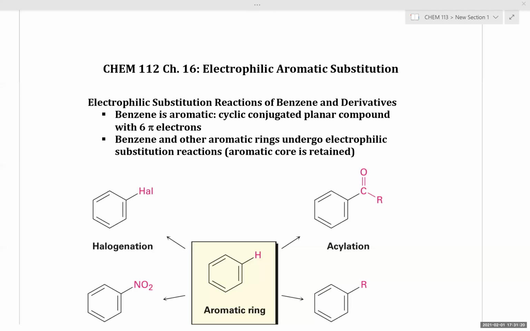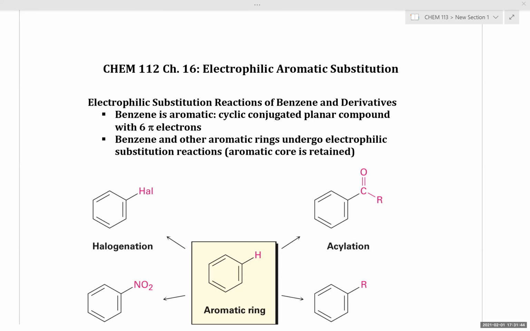Chapter 16. Okay, so we talked a lot about aromatic systems and understanding properties associated with aromaticity. In this next chapter, what we're really going to try to understand and explain is how aromatic systems react.